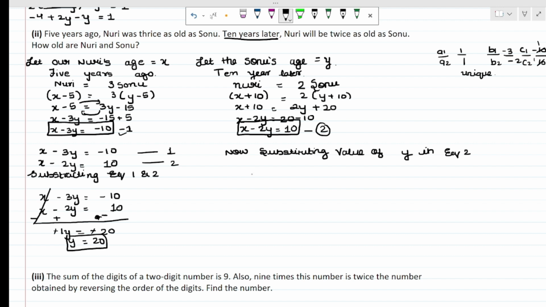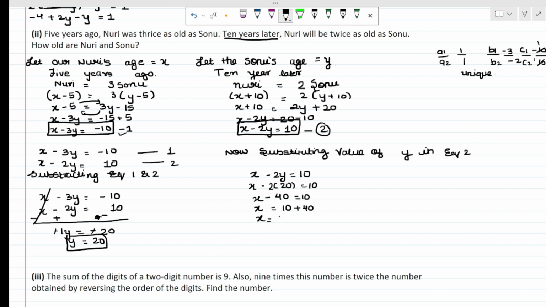What is my second equation? x minus 2y equals 10. So, x minus 2 times 20 equals 10. So, x minus 40 equals 10. That means, sign change, x will be equal to 10 plus 40. So, x will be equal to 50.